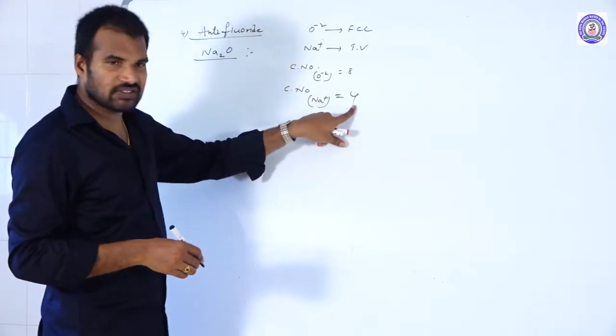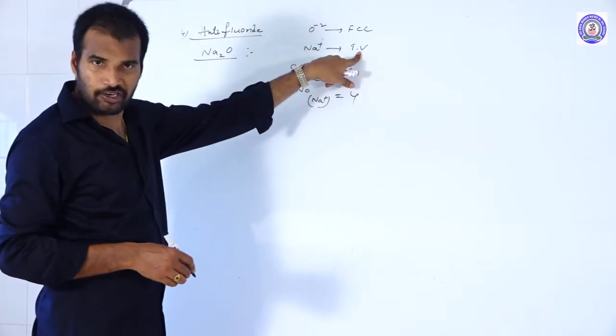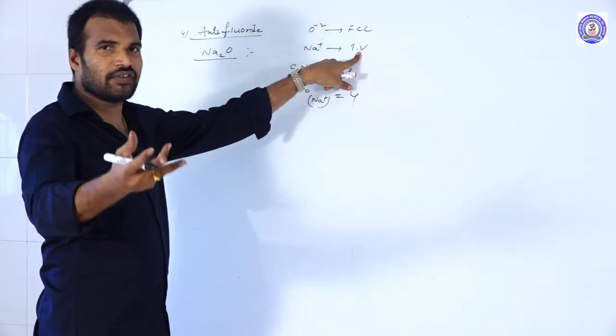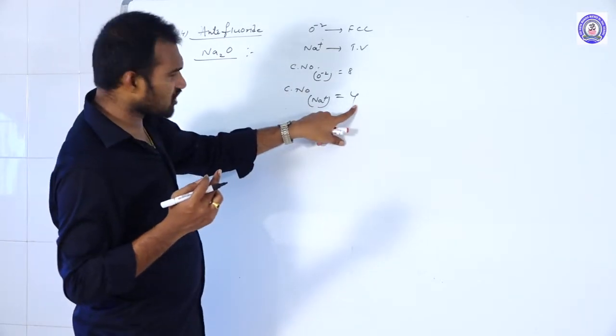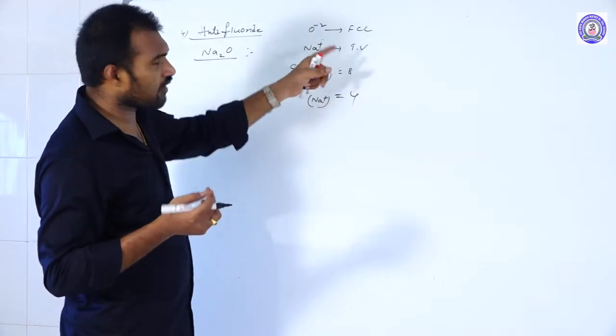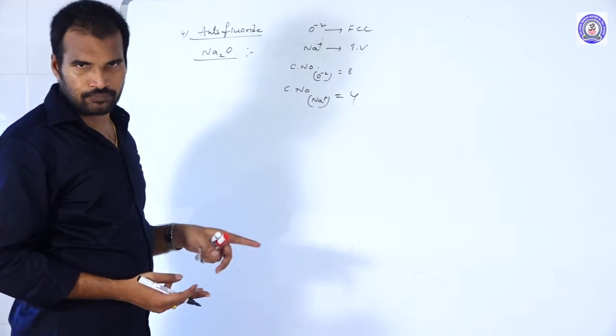Why? Because Na plus occupies tetrahedral voids, and the species in tetrahedral voids has coordination number 4. The coordination number of the other ion will be double that, that is 8. Clear?